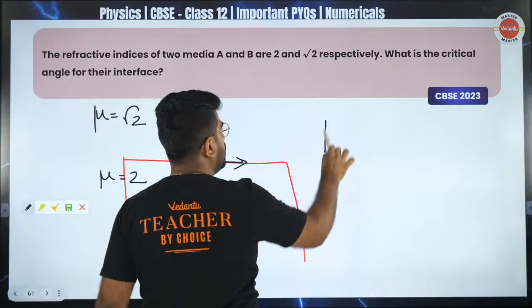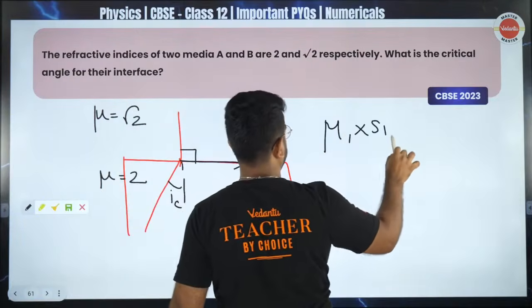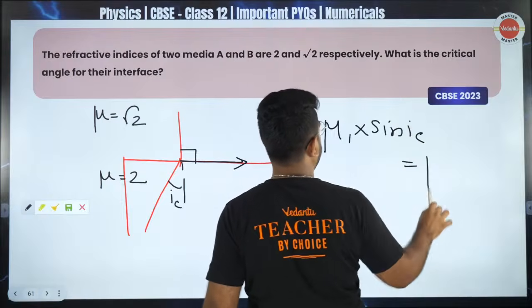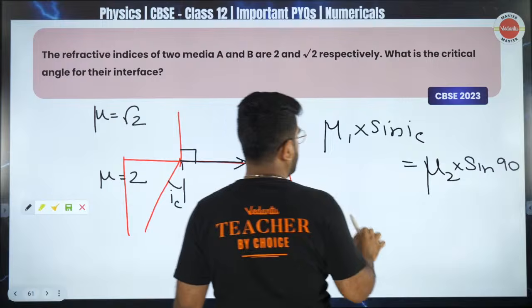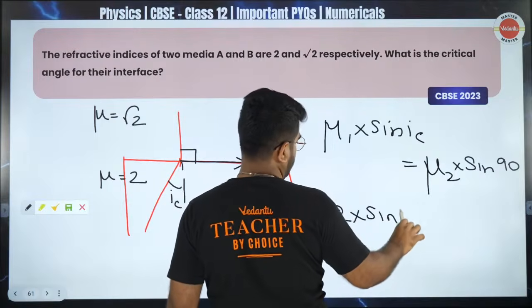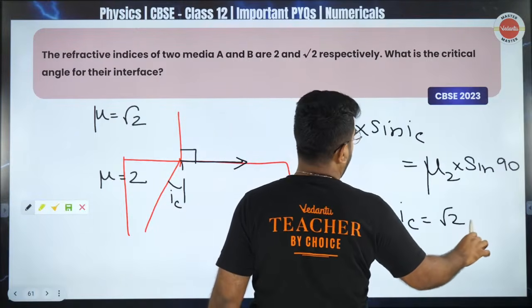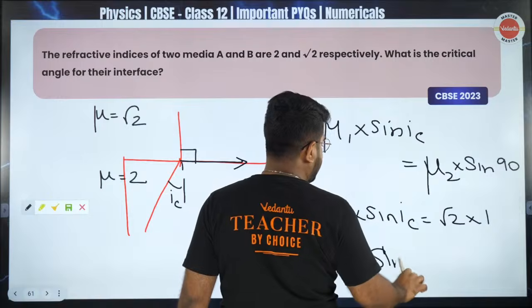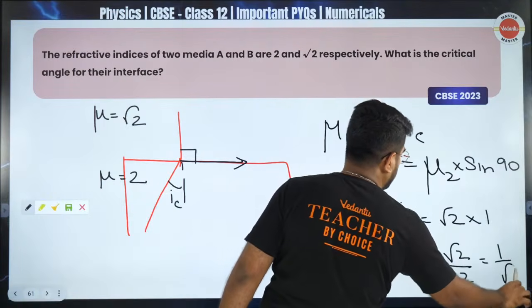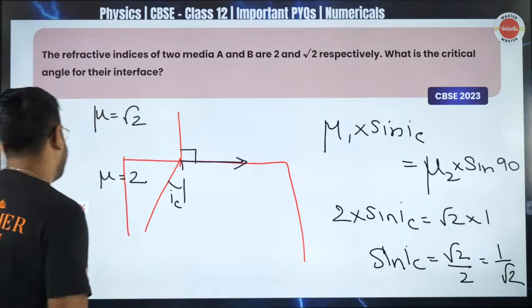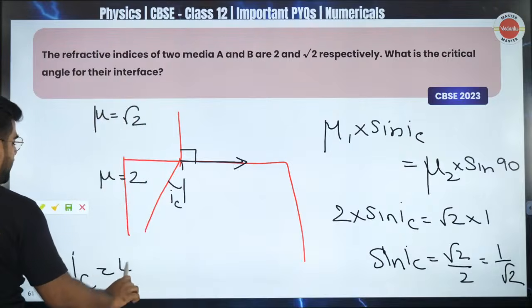So mu1 into sine IC is equal to mu2 into sine 90. So 2 into sine IC is equal to root 2 into 1. So sine IC is root 2 by 2, which is 1 by root 2. So IC is 45 degree. The critical angle is 45 degree.